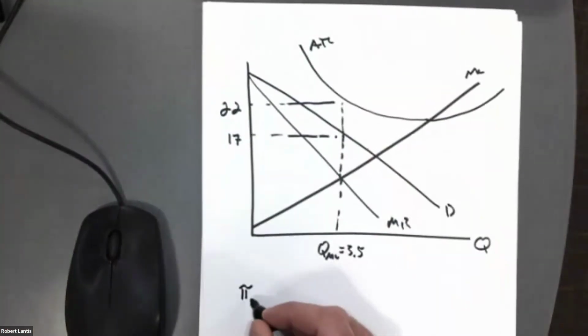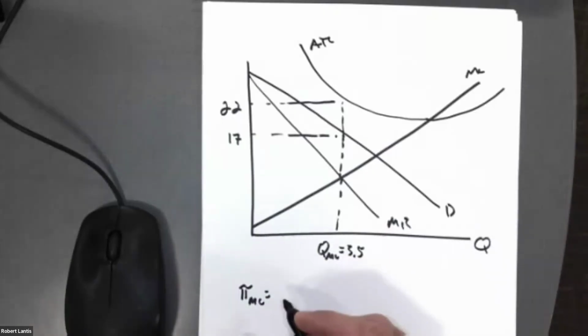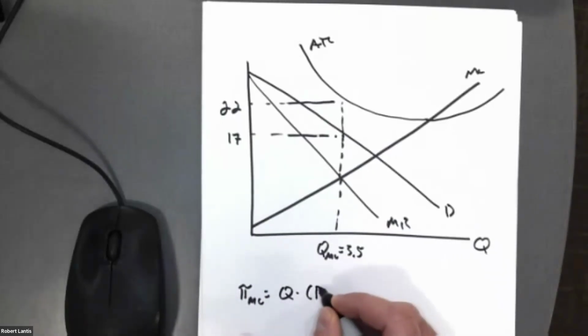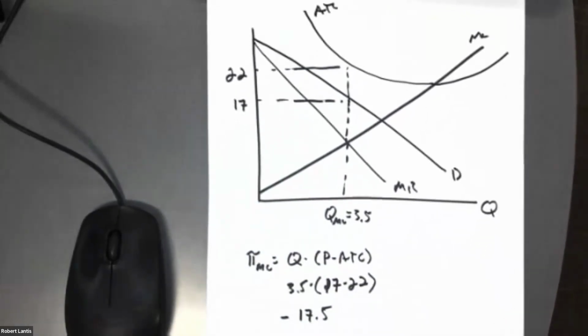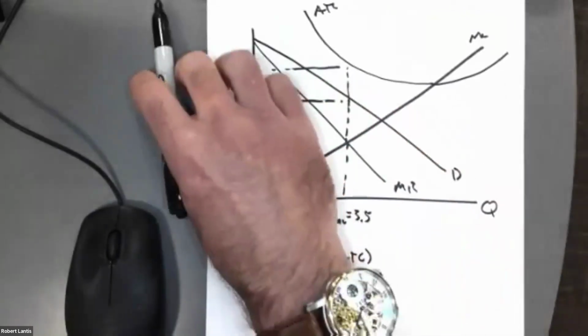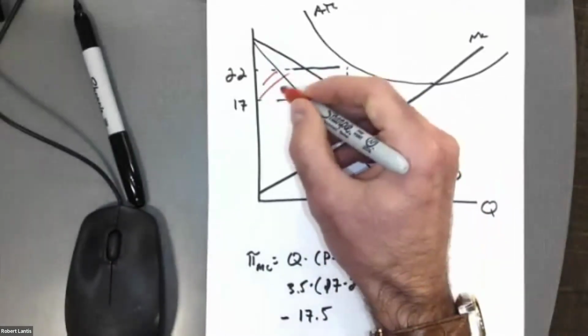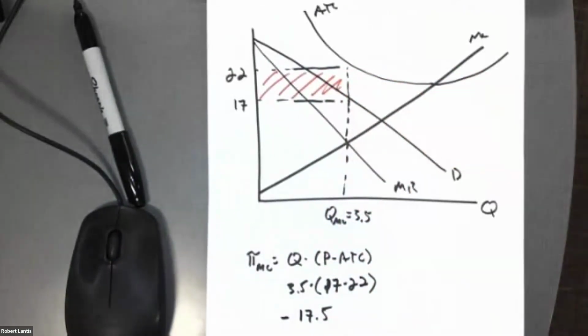Remember, we calculate profits of a monopolistically competitive firm the same as all of our other profits: the quantity I'm producing times the difference between price and average total cost. So 3.5 times 17 minus 22 gave us, I already forgot, negative 17.5 was our profits here. So this represented our profits, but they're negative.